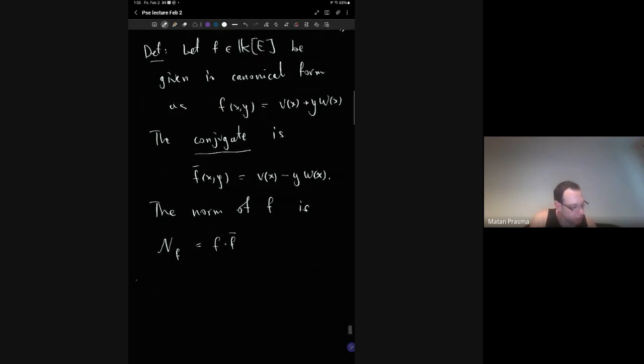This is analogous to what you have in complex numbers. I mean, in C, you take a complex number, you multiply it by the conjugate, you get what is called the L2 norm of the complex number.